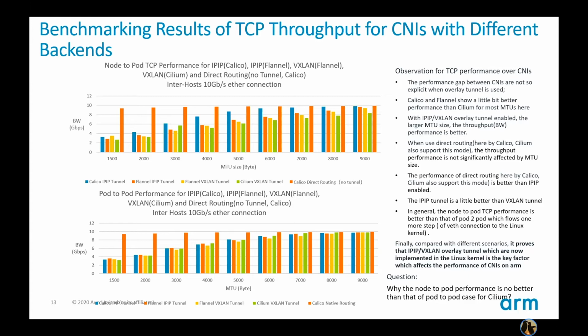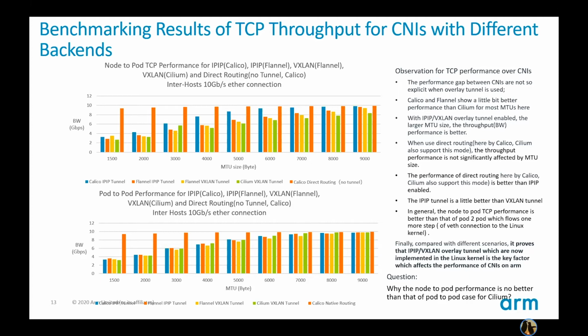We don't lose explicit performance here. The performance of direct routing by Calico is better than with IPIP enabled. Direct routing shows much better performance than the IPIP tunnel and the VXLAN tunnel, which is an issue we are investigating. The IPIP tunnel is a little bit better than the VXLAN tunnel.